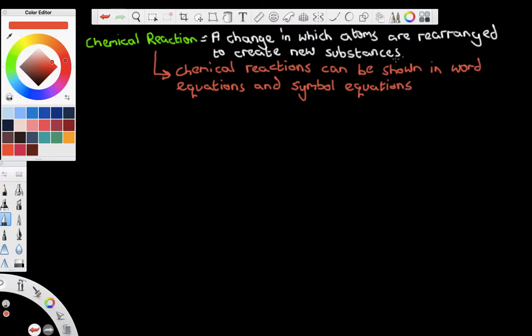Now, word equations are sort of like a shorthand way of showing what happens during a chemical reaction.